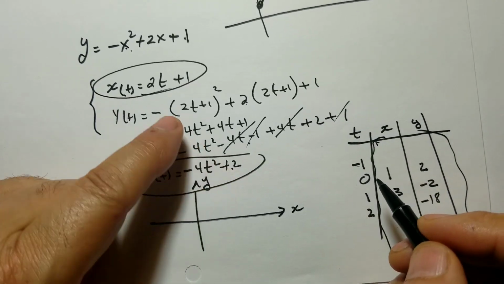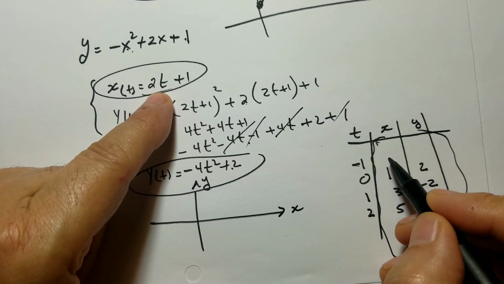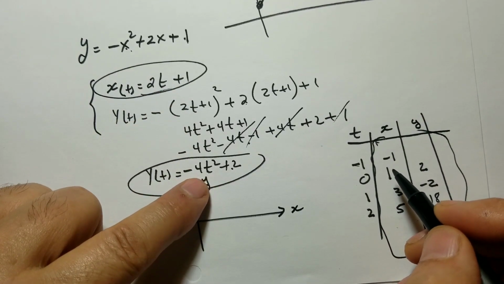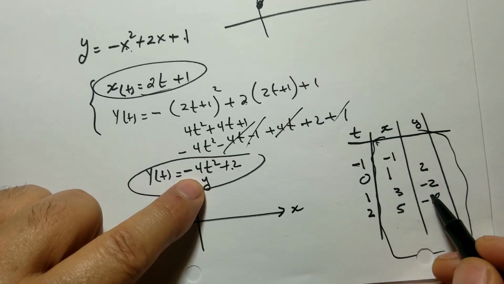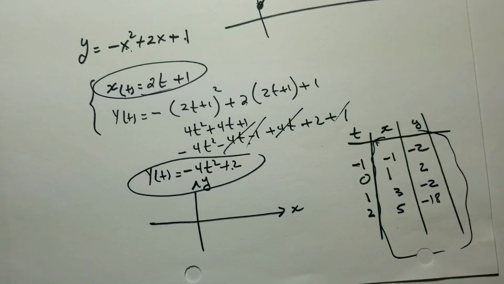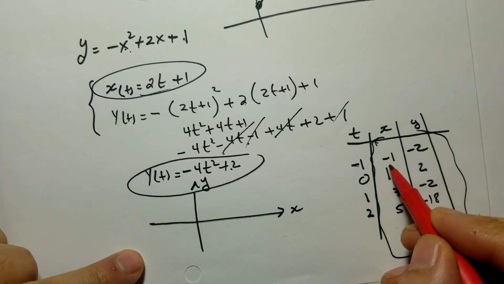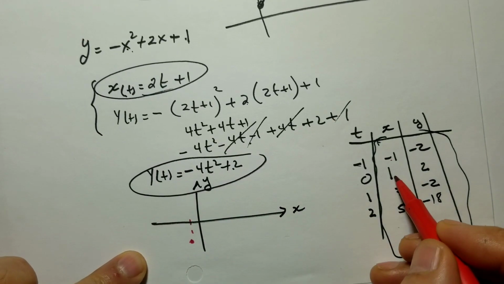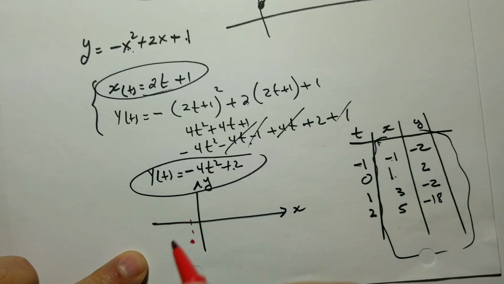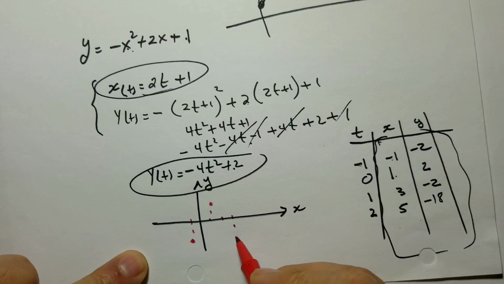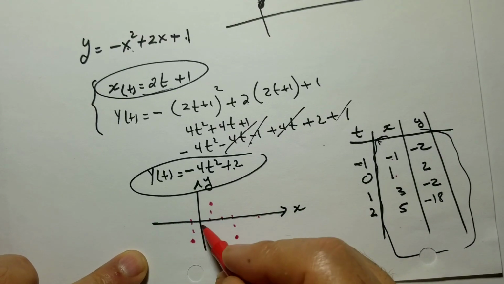What happens if it's a negative 1? It becomes negative 2 plus 1, which is negative 1, and if it's a negative 1, it becomes a positive 1, and that becomes a negative 2. Okay, therefore I'm going to graph that one and say negative 1 and negative 2, 1 and 2, 3 and negative 2, and 5 and negative 18.